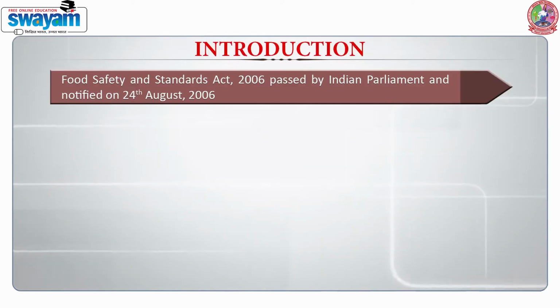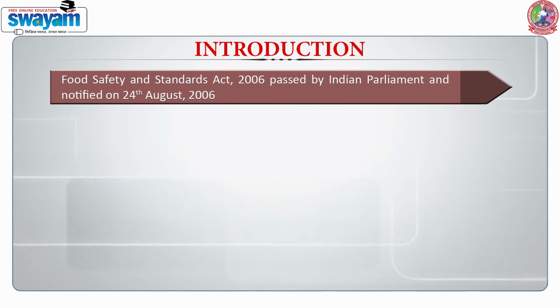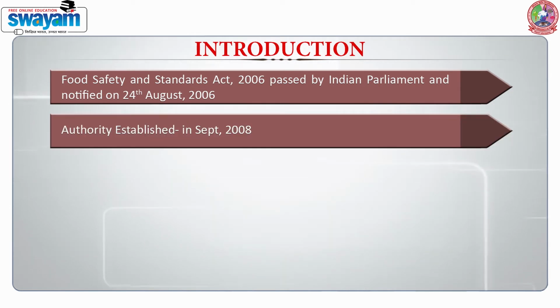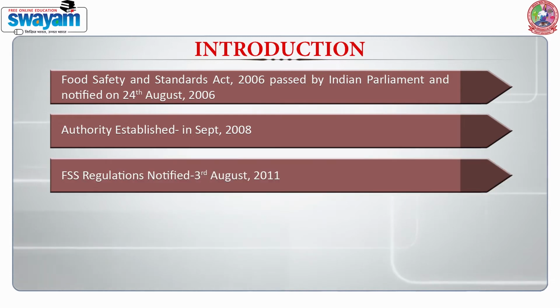The Food Safety and Standards Act in the year 2006 was passed by the Indian Parliament and notified on August 24, 2006. The authority was established in September 2008, followed by the regulation which came in the year 2011, that is the FSS regulation, and was notified on 3rd of August.